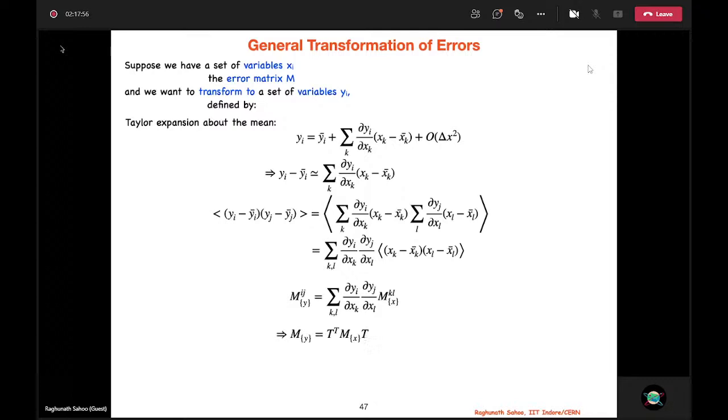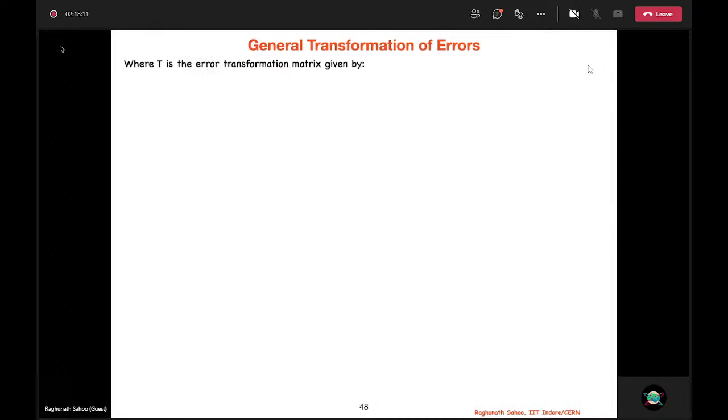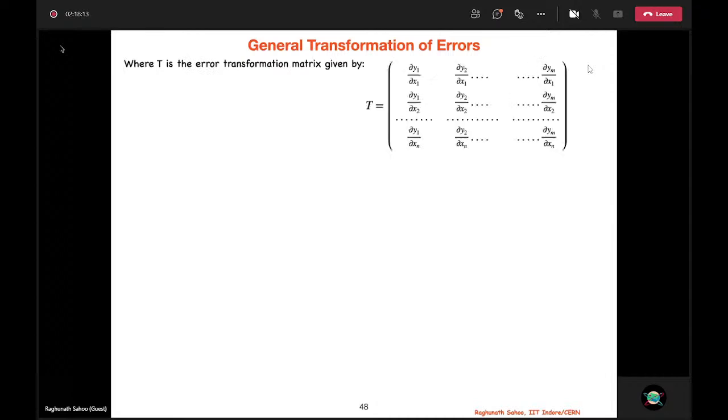So this is simply My. It is like a basis transformation. So My is equal to T transpose Mx T, where Mx is the original basis and T is the error transformation matrix, and you see it is n-dimensional. I do not care about the dimension, it goes on.